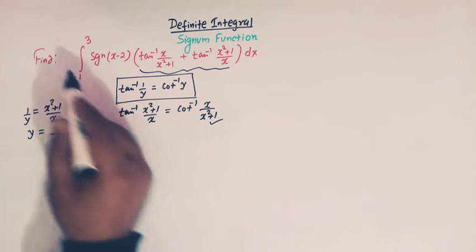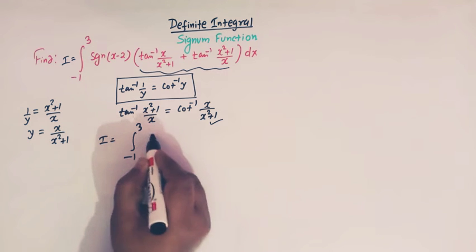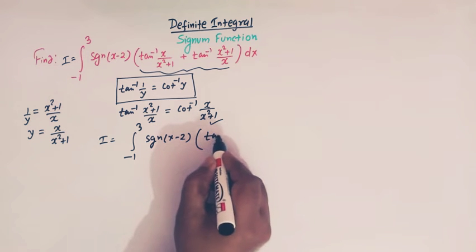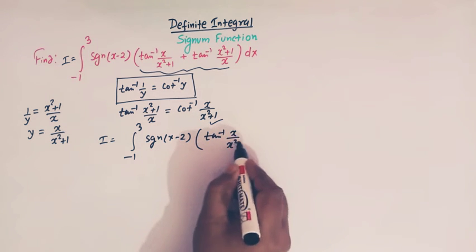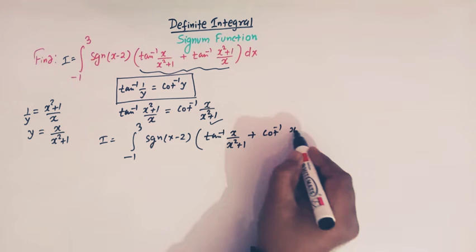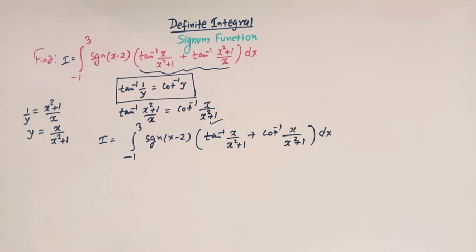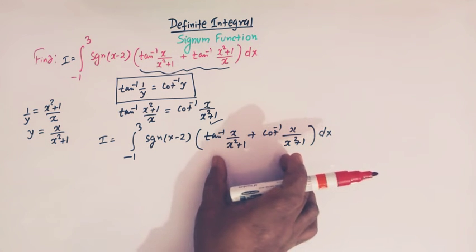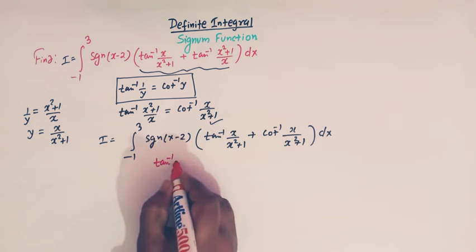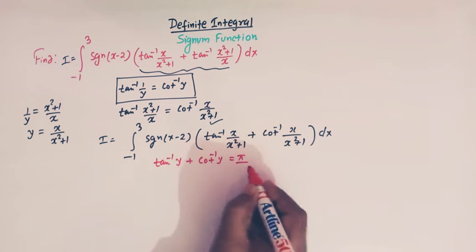Now this integral I can be written as the integral from -1 to 3 of signum of (x minus 2) times [tan inverse (x over x square plus 1) plus cot inverse (x over x square plus 1)]. And now again we'll apply an important property of inverse trigonometric functions, which says that tan inverse y plus cot inverse y is equal to pi over 2.